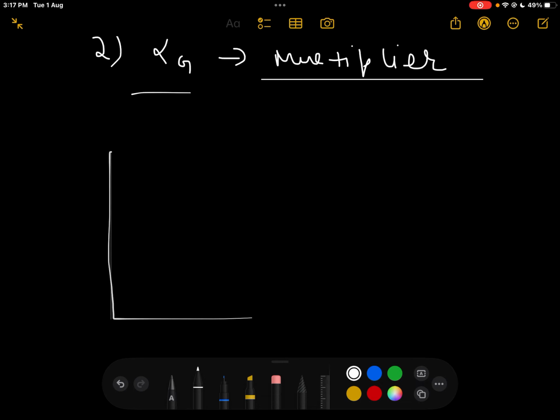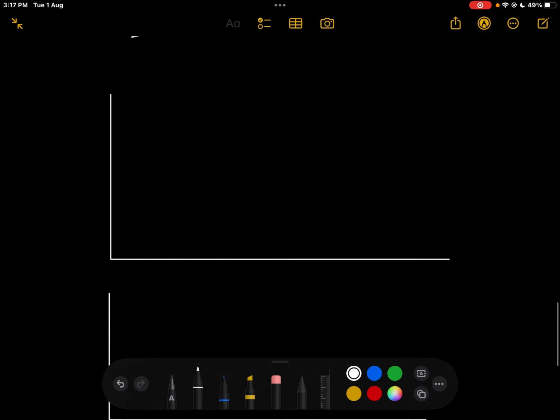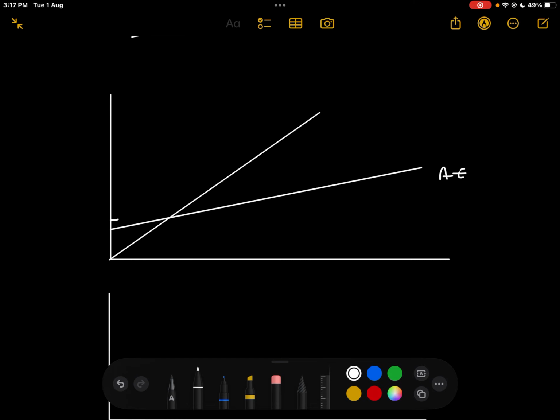So let us consider that here also we have two graphs. Just like earlier, here is a catch: we'll make two AE curves. This is AE1, and this is our AE2.